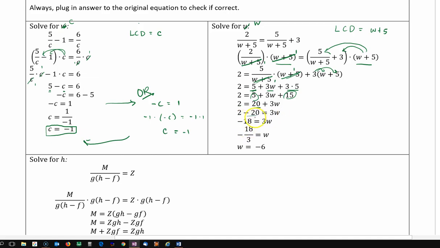So now we combine like terms, just the constant terms. It gives us minus 18 equal to 3W. The only variable is the 3, so we divide both sides by 3. Don't show it anymore. Usually this is how you do it. But you already know that 3 divided by 3 is 1, so you don't really have to write it.